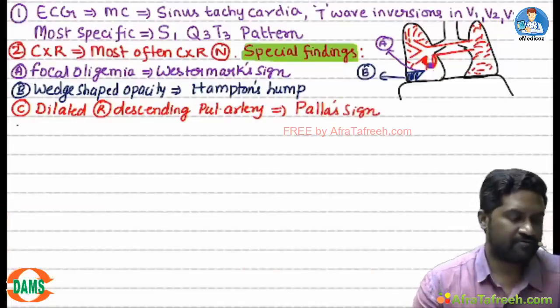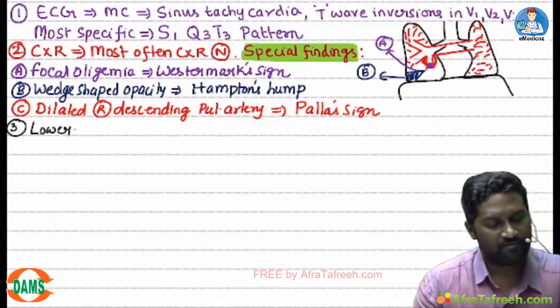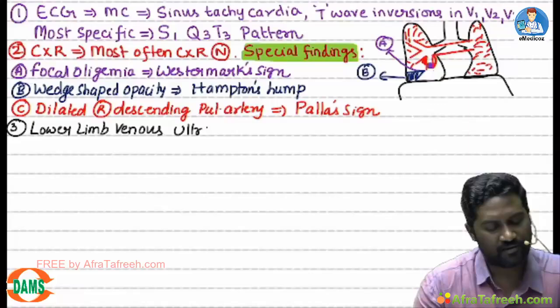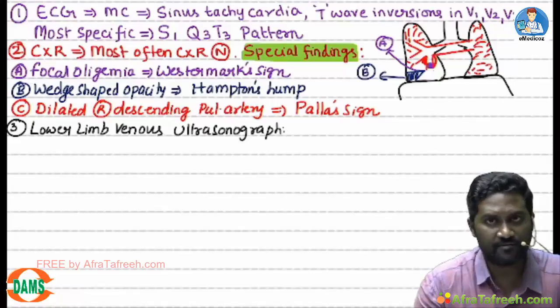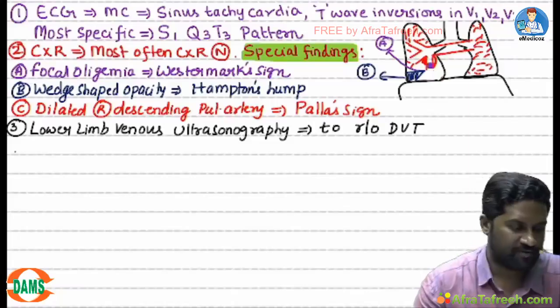In majority of cases of pulmonary thromboembolism, you should go for a lower limb venous ultrasonography. What is the advantage? To rule out deep vein thrombus.